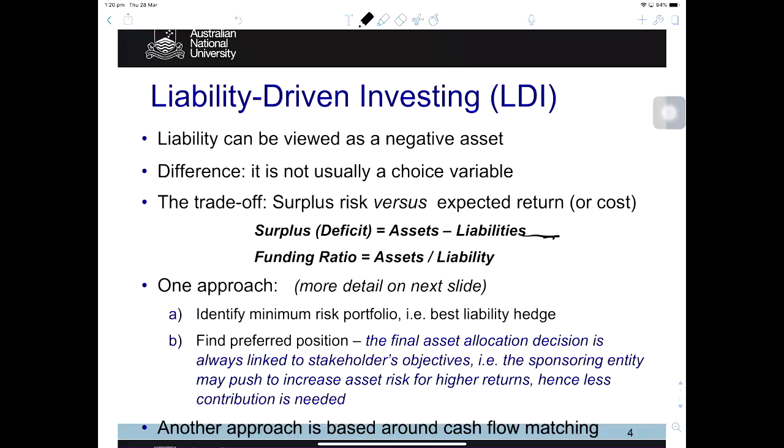So these are the quantitative risk measures we normally use in managing DB funds or making asset allocation decisions in DB funds. So how will the asset allocation decision actually affect these two risk measures?